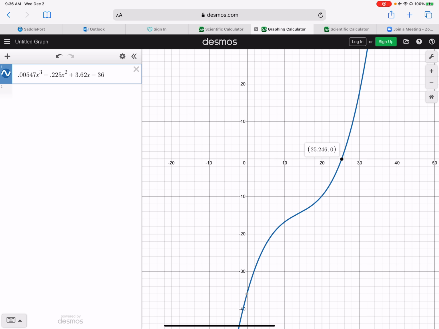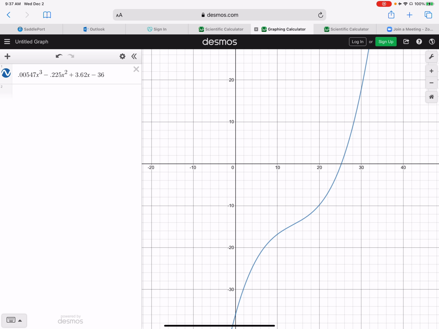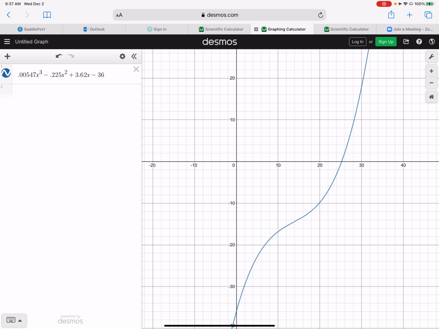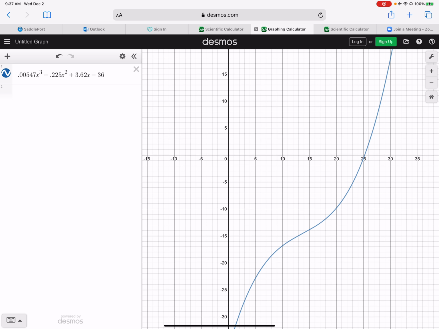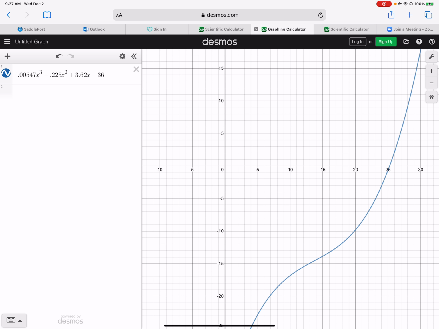And we could zoom in a little bit more if we wanted to. But whatever window that you're using, so right here I've got, I'm going to zoom in just a little bit more. So negative 10 to 30 for my x, and negative, say, 25 to 15.